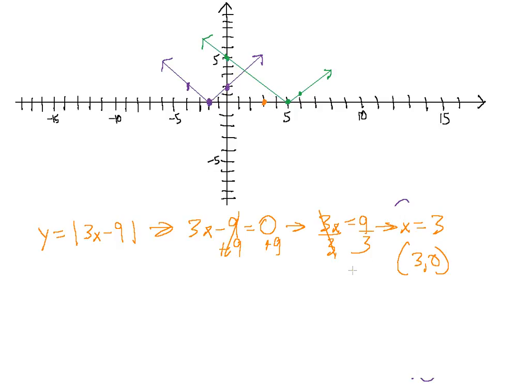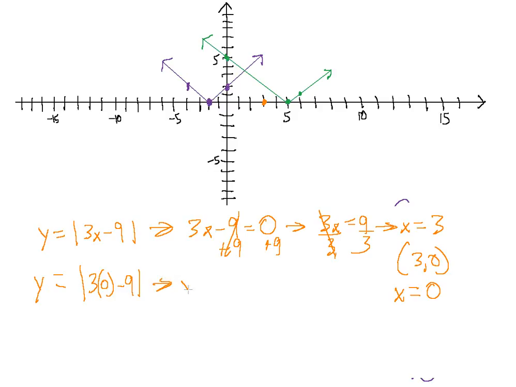All right, let's find a couple more points. We need a value greater than 3 and less than 3. So let's go ahead and set x equal to 0. That's always an easy one for the value to the left of 3, and plug it into our original equation. So we have the absolute value of 3 times x, which is 0, minus 9.